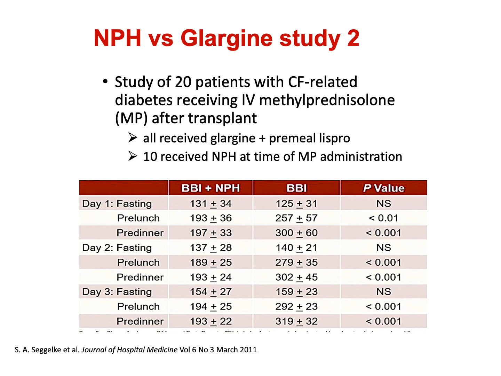All patients received glargine plus premeal lispro, basically a basal bolus insulin regimen, and half of these patients, that's 10 patients, received NPH on top of basal bolus at the time of the methylprednisolone administration. As you can see, the study shows that the group that received additional NPH had significantly better glycemic control than the group that received only the basal bolus insulin regimen.